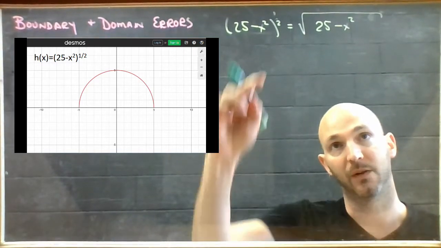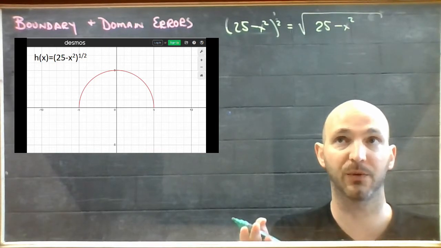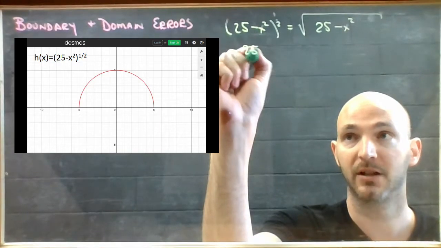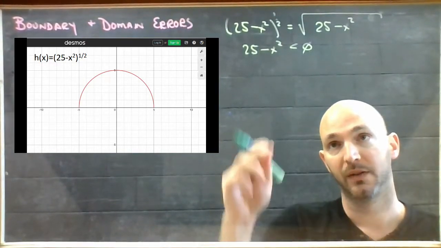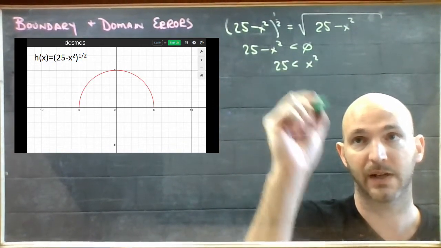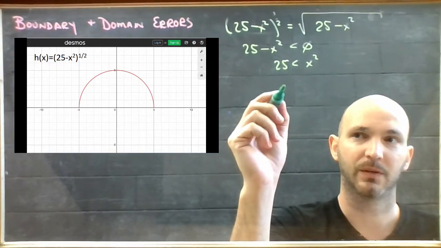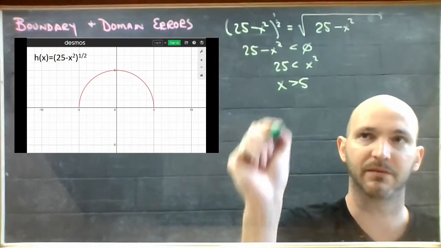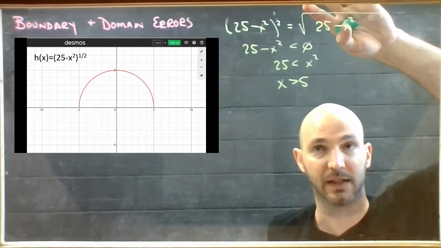Okay, now that function up there, because it's a radical, it should generate a domain error anytime 25 minus x squared is less than 0. So if I bring that x squared over, I end up with 25 is less than x squared. And that's going to be true if x is more than 5, right? So if I made this 6, 25 minus 36 would be a negative.